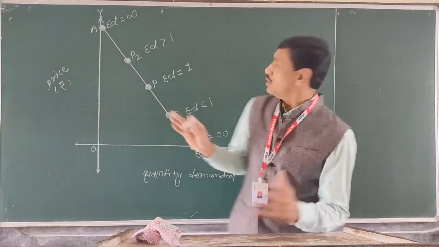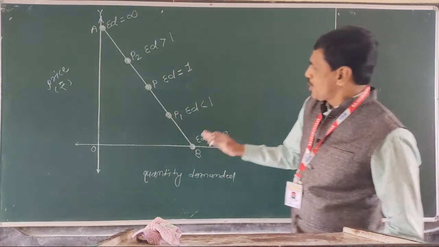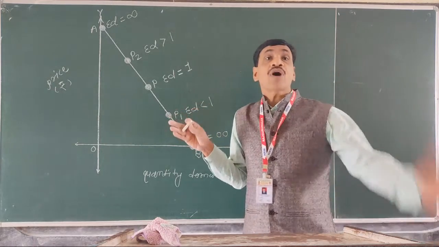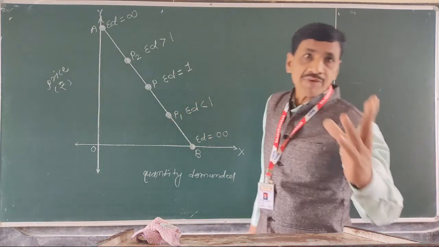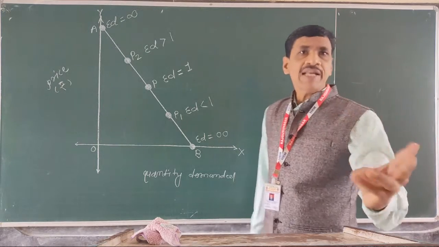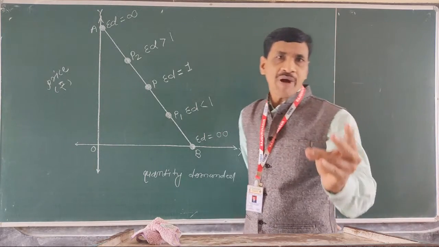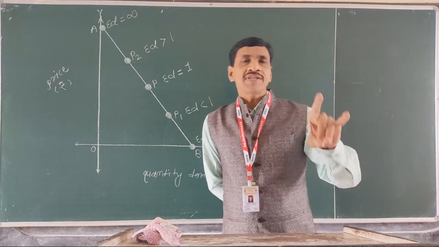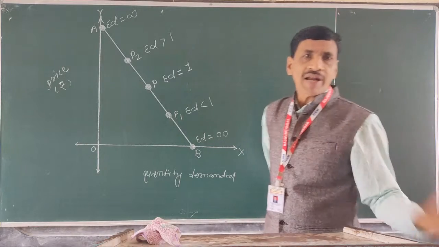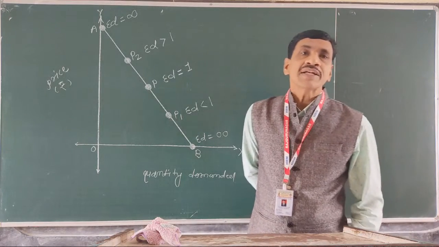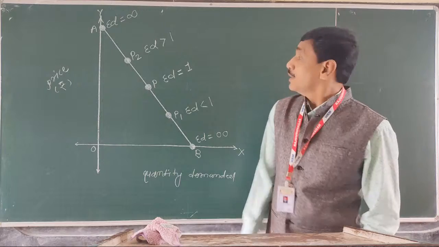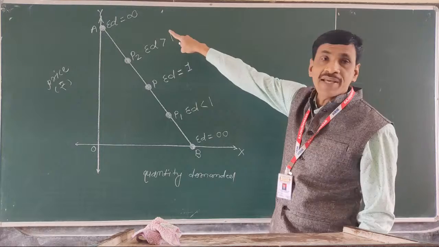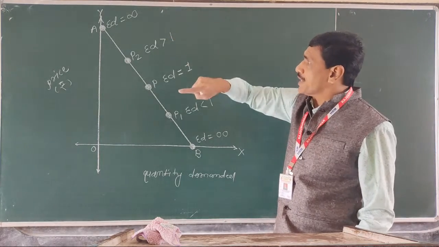So we calculate the 5 types of price elasticity of demand: the perfectly elastic demand, the perfectly inelastic demand, the unitary elastic demand, the relatively elastic demand, and the relatively inelastic demand. At the first point ED is equal to infinite.